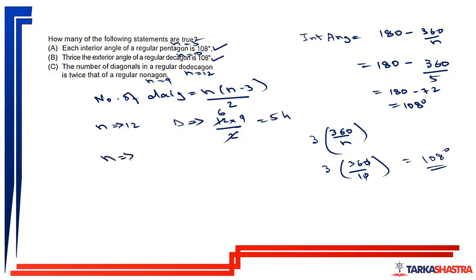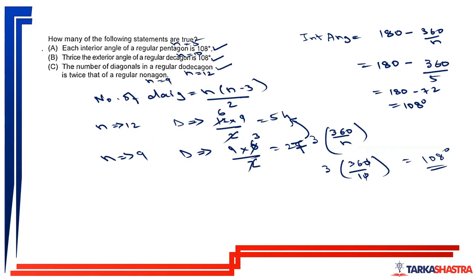And when n is equal to 9, the number of diagonals is 9 into 6 by 2, so 9 into 3, that is 27. 27's double is 54. So are the number of diagonals double? Yes, because 27's double is 54. So this statement is also correct.